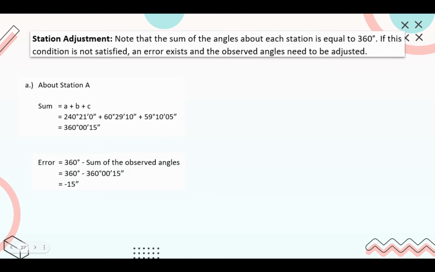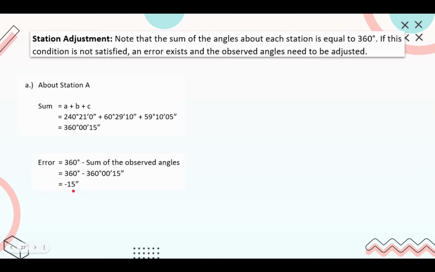In solving for the error, we subtract the sum of the observed angles from 360 degrees. Take note that the calculated sum of the angles must be the subtrahend, and the fixed value of 360 degrees must be the minuend. So now the error is negative 15 seconds.